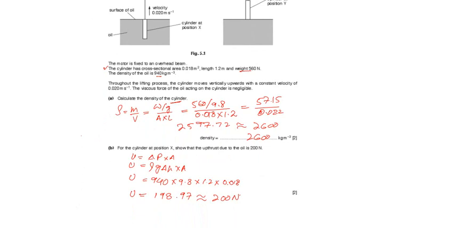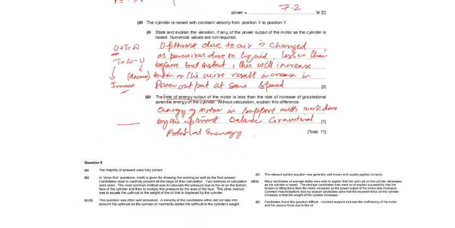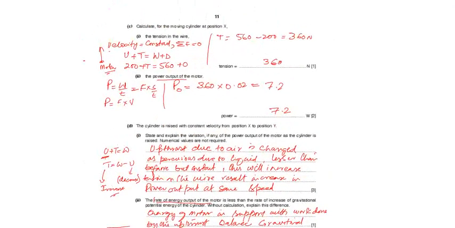Next part: calculate, for the moving cylinder at position X, the tension in the wire. First, velocity is constant, so the sum of all forces equals 0. The body is moving upward, and upthrust is always upward.